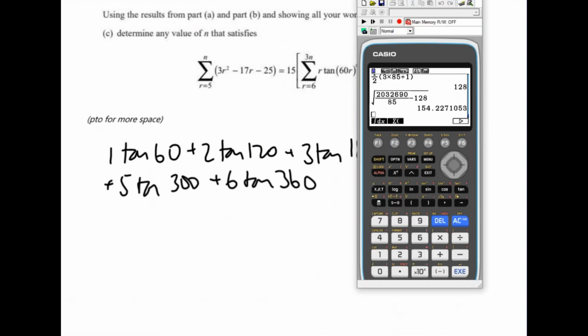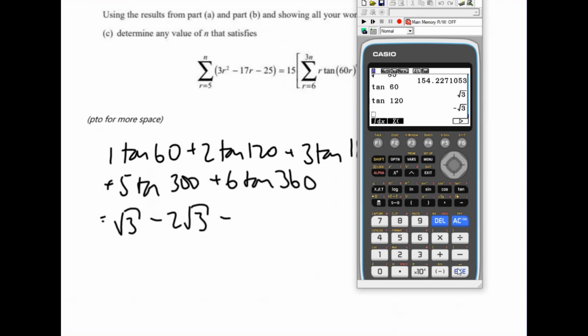And if I work out each of these: tan 60 gives you root 3, root 3 for the first term. Tan 120 gives you minus root 3, so minus 2 root 3 for the second term.